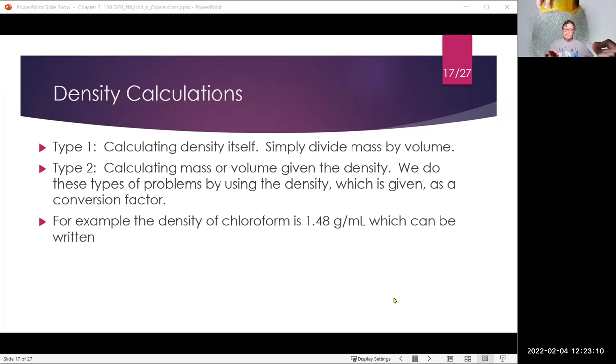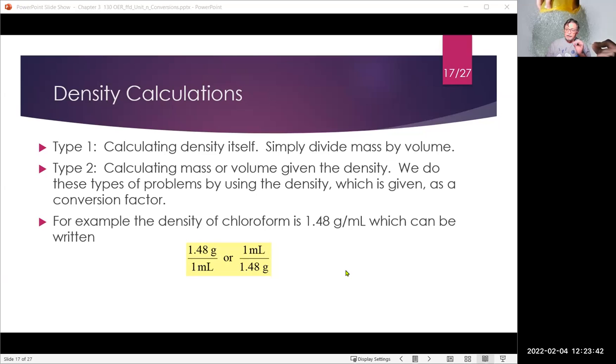It has a density of 1.48 grams per milliliter, which means chloroform does not mix with water. We have 2 layers. In fact, here, if we had 2 layers, we would see that chloroform would be down in the bottom, with water floating on top. Why? Because it's higher density, it's more dense than water.